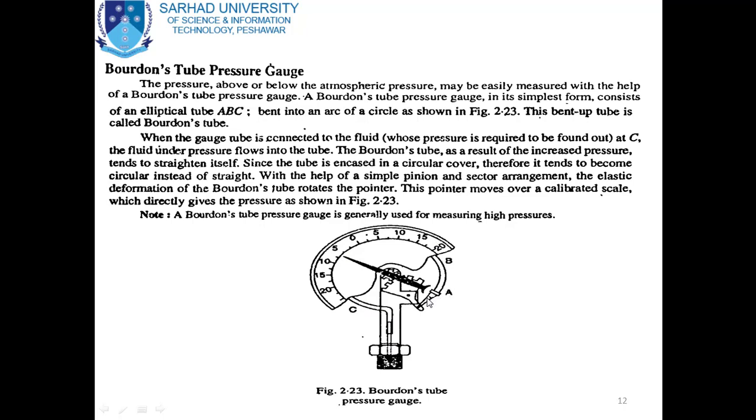As a result, this tube tends to straighten itself, but as it is enclosed in a circular cover, it rotates through a calibrated scale and gives the pressure directly.